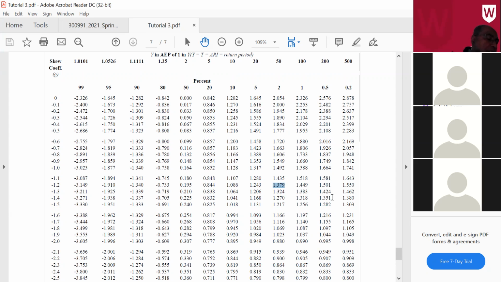And for skew of minus 1.3, our KT is 1.324.